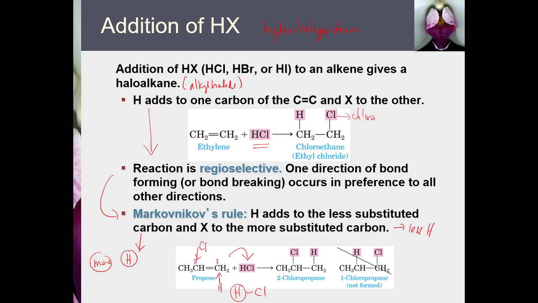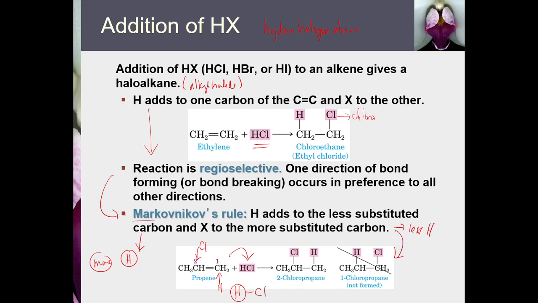That's why the compound na mapoproduce mo dito is chlorine attaches to the second carbon. And the name is 2-chloropropane. This one is not formed because of this rule.